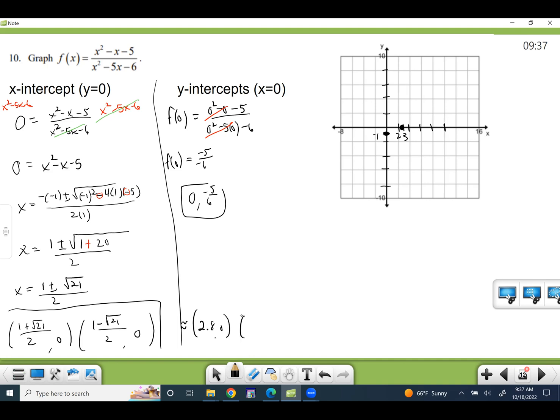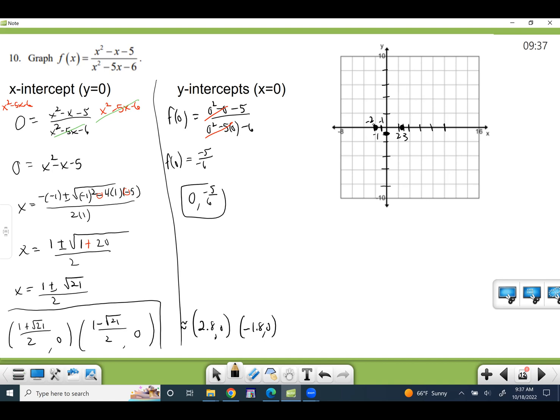Okay, then for the other one, let's see here. I'm getting negative 1.8-ish, comma 0. So remember, this is negative 2 right here. So this would be negative 1. So negative 1.8 might be like right there.